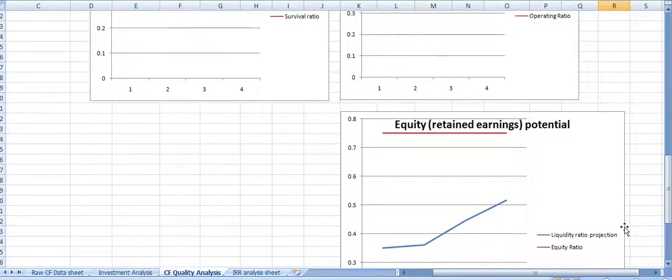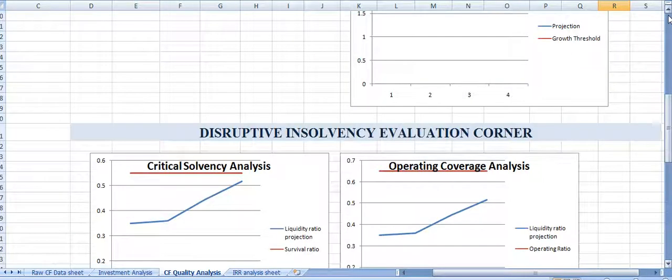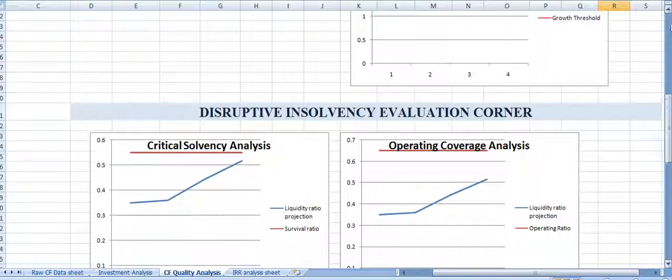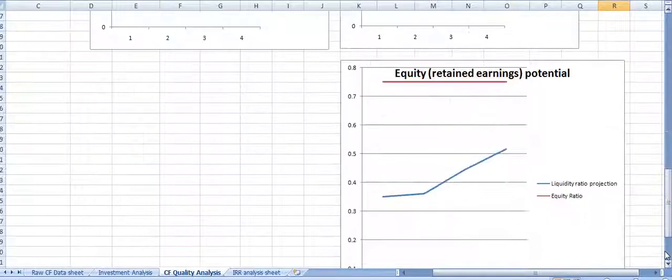So if you look at equity potential, this project is way below the level. In a sense, we are saying that within the given projected time series and the quartiles they're in, the area of concern remains that the cash flow, the liquidity ratio is way below even the critical solvency levels, or the operating coverage levels, and more importantly, in the equity potential.